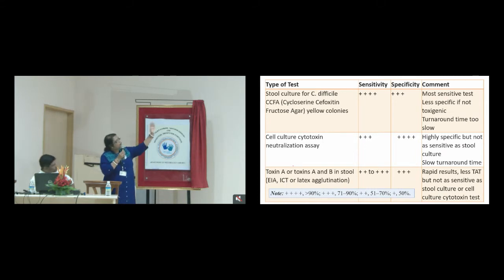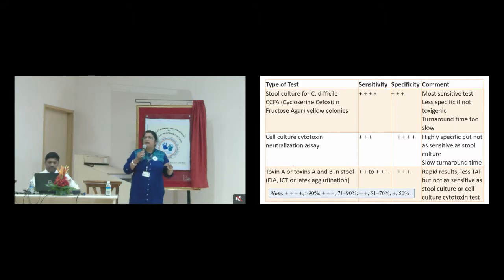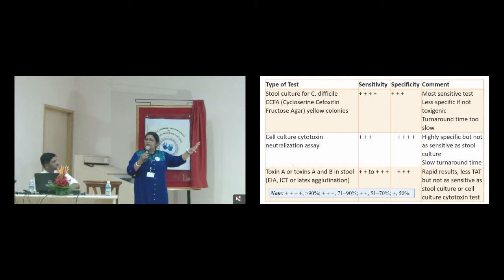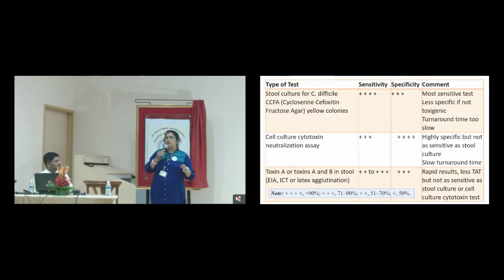It has good sensitivity, but it fell out because it is very laborious and has a prolonged turnaround time. The next test which came was the cell culture cytotoxicity neutralization assay. This is a test which is highly specific, but again it had the problem of a long turnaround time. So then people started looking for rapid diagnostic tests with lesser turnaround time.